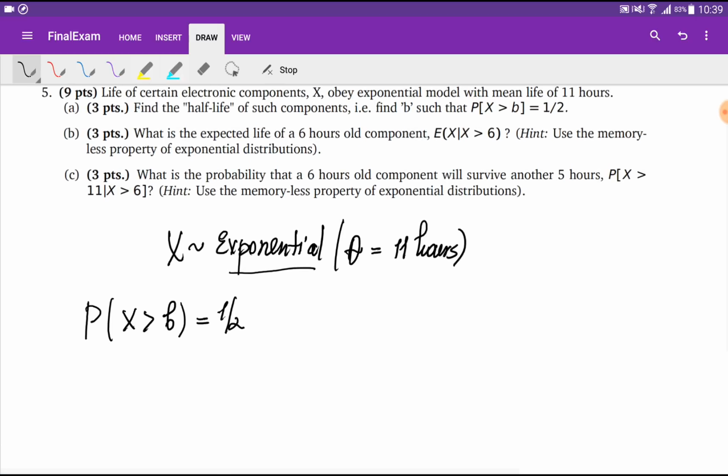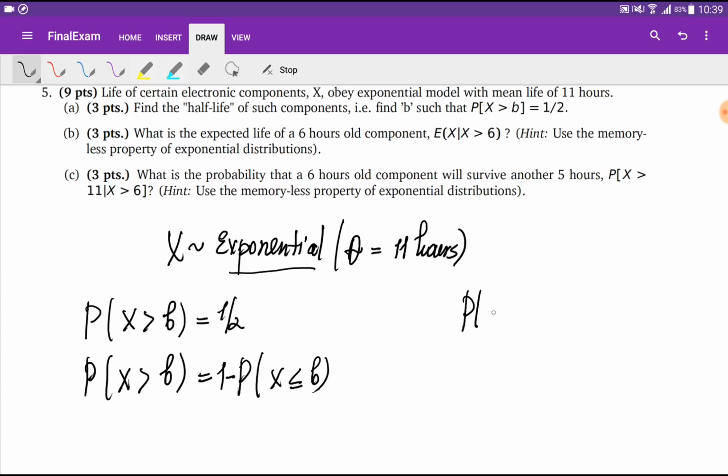Okay, so the probability that x is more than b is equal to 1 minus the probability that x is less than or equal to b, right? So we are going to use the formula for the exponential distribution.